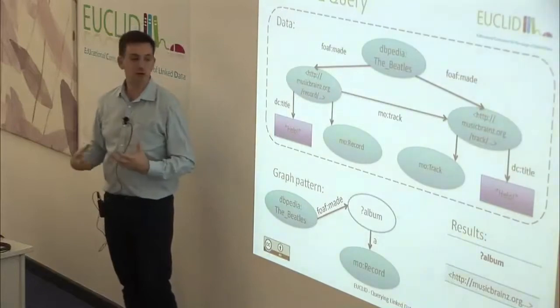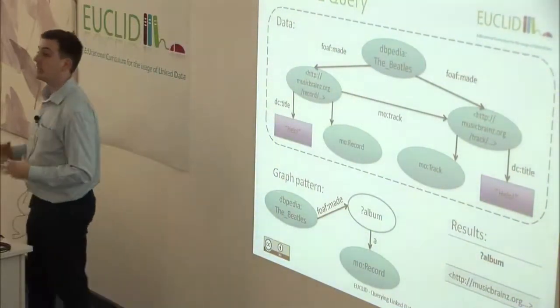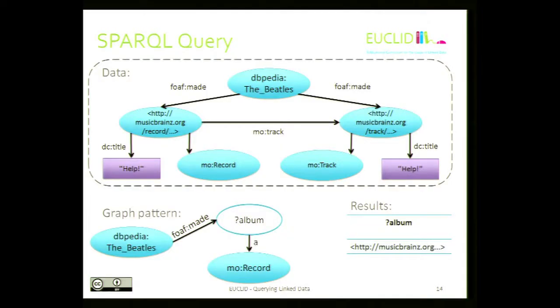Okay? You hopefully remember that the label for these relationships is RDF type, which we can also write A. Okay? In Turtle and equally in SPARQL, we can give a shortcut for RDF type, which is just A. This is in that class. Okay?